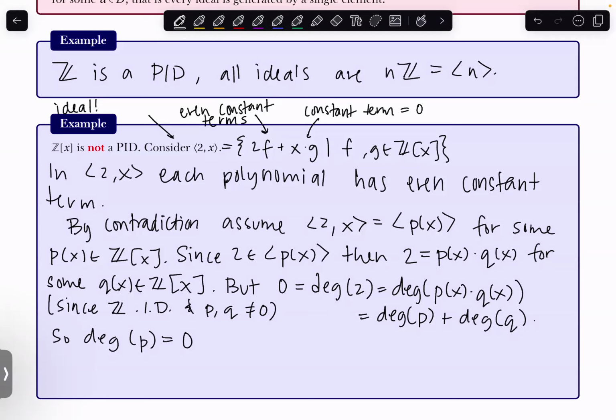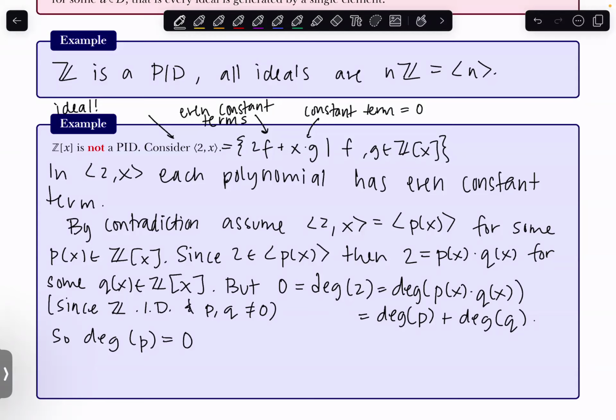Let's see. Why is this going to give us an issue here? Oh, so this is why. Here I need P to be a constant polynomial, so I can think of it as an integer.